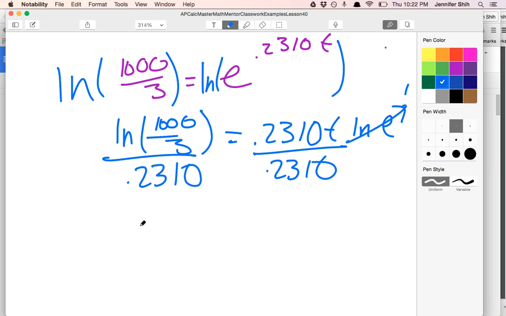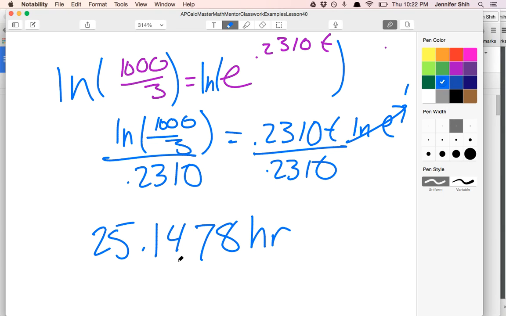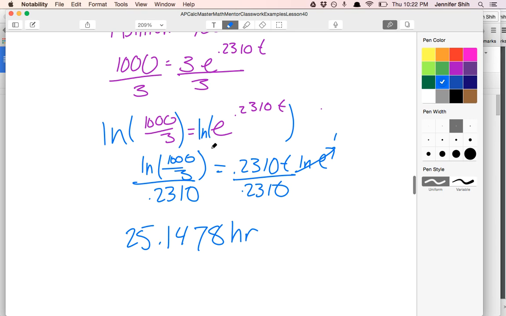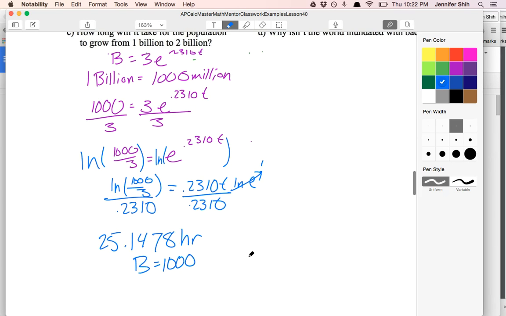If I punch it into a calculator, it's going to be 25.1478 hours. 4 decimal places, truncated because that's AP standard. That's to get to 1,000 million or 1 billion.